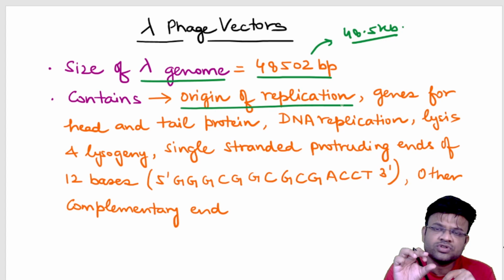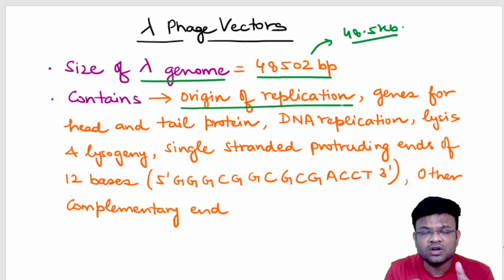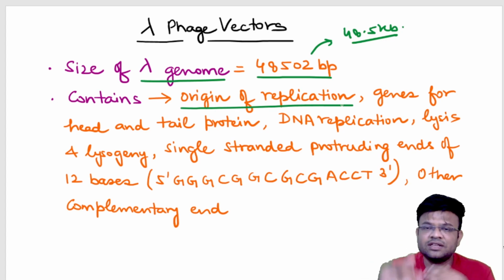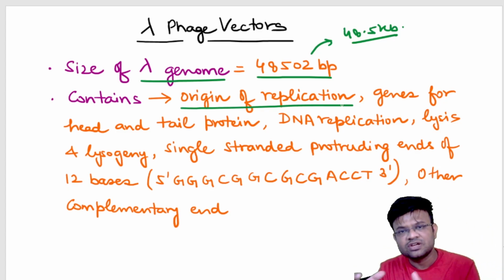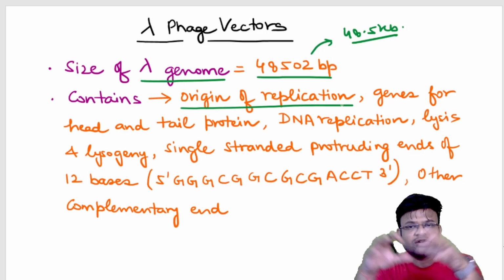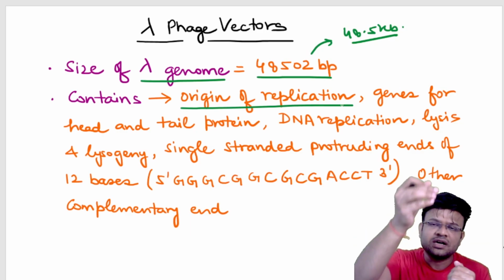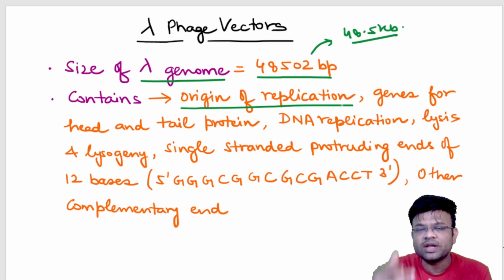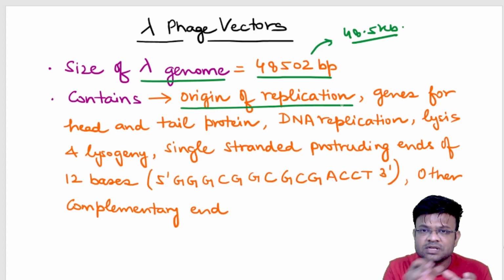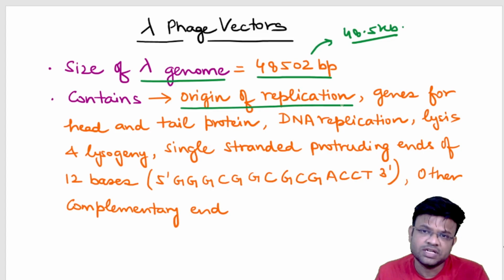This particular portion will be responsible for replication inside the host. That means if my lambda phage infects a particular bacteria, the genome can replicate inside the host, or E. coli. For that purpose, this origin of replication gene is present.